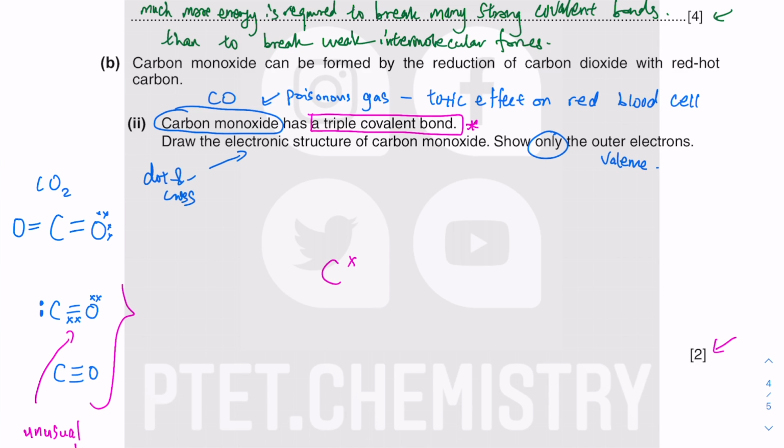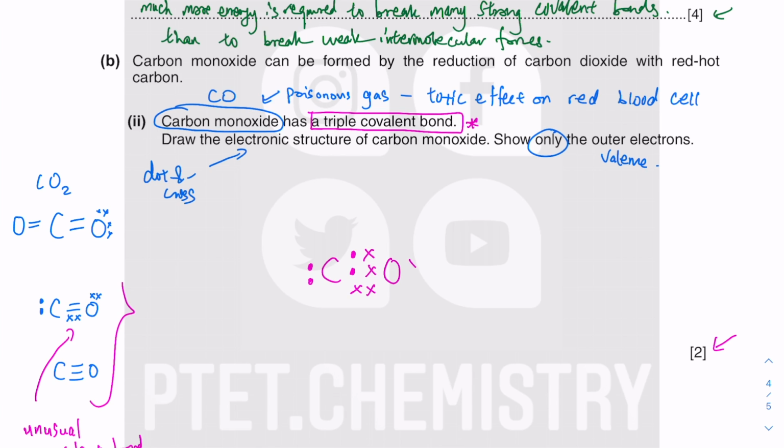It is still sharing of electrons, but both the electrons being shared in this single covalent bond come from the oxygen. So if I use dot for carbon, I will have cross cross for oxygen, and I'll have dot dot cross cross there.